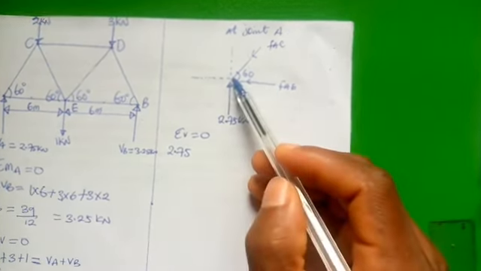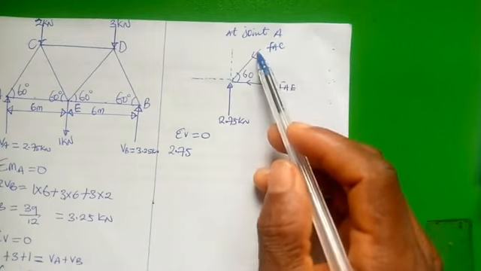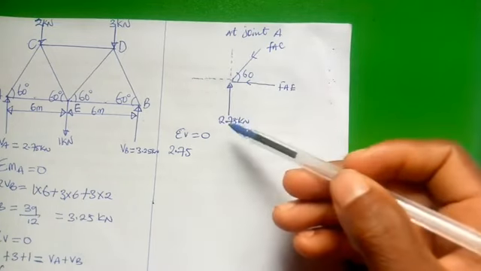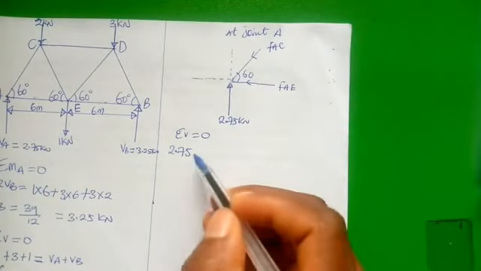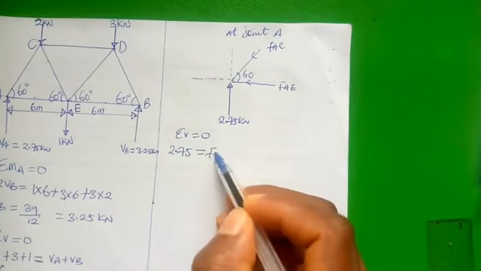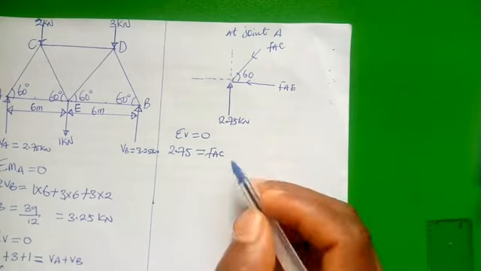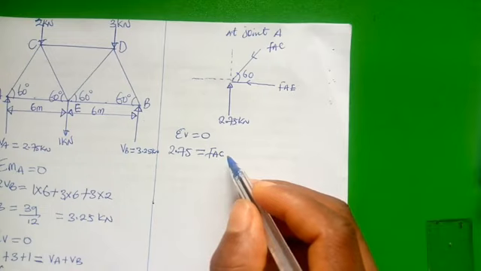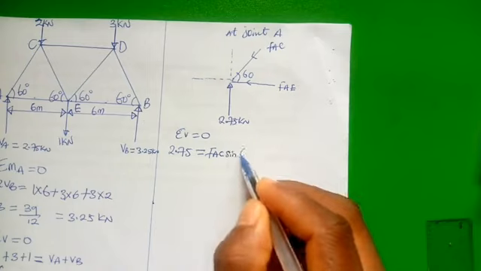And if you resolve this FAC to appear vertically, the arrow is going to be pointing downward. So the one that is pointing upward should be equal to the one that is pointing downward, that is equal to FAC. Since you are talking about vertical resolution, you are going to multiply this with the sine of whichever angle it makes with the horizontal line, which is sine 60.